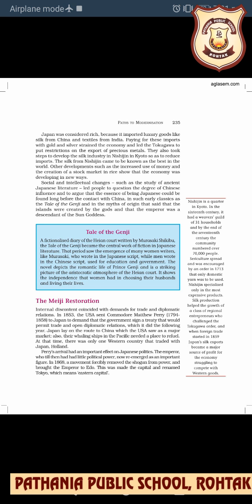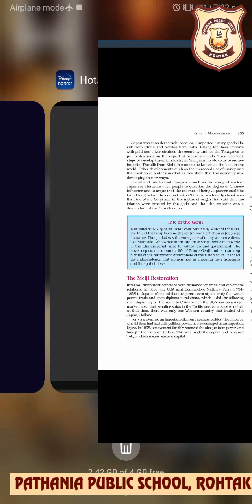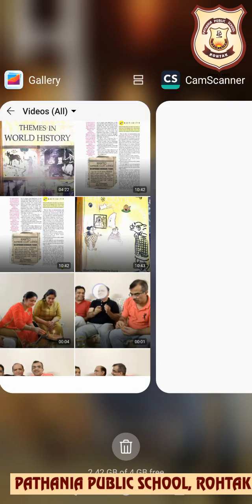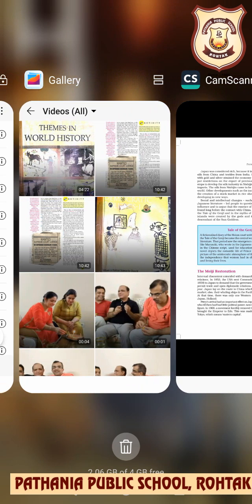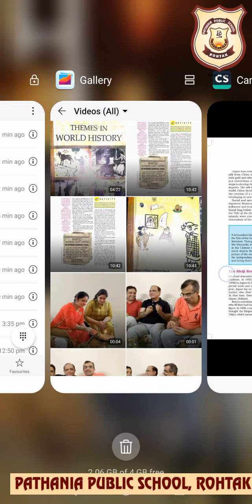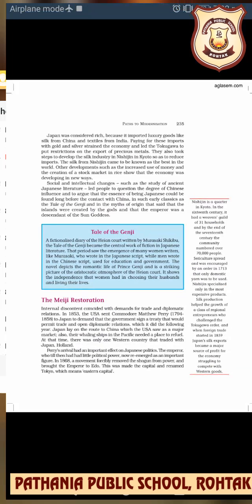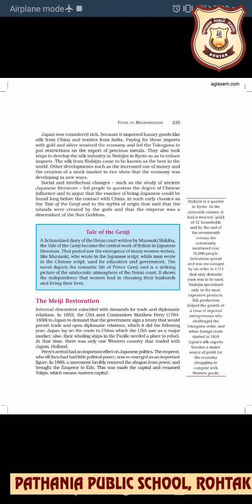Social and intellectual changes, such as the study of ancient Japanese literature, led people to question the degree of Chinese influence and to argue that the essence of being Japanese could be found long before the contact with China. It means social and intellectual changes were there, and people were studying ancient Japanese literature, so the question arose in their minds that Japanese history is found long before contact with China.